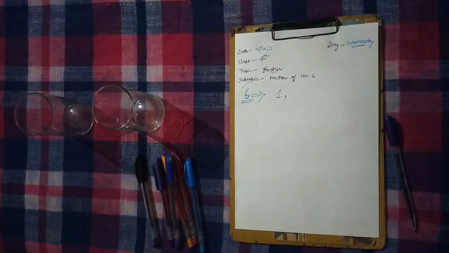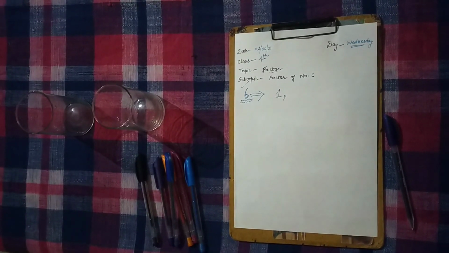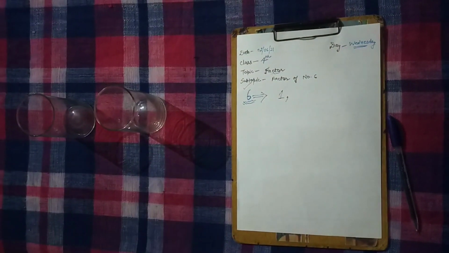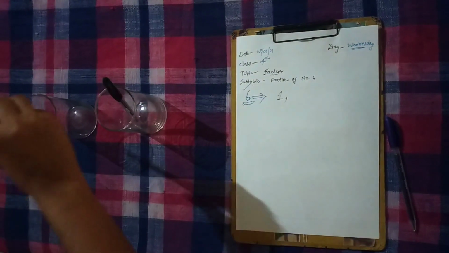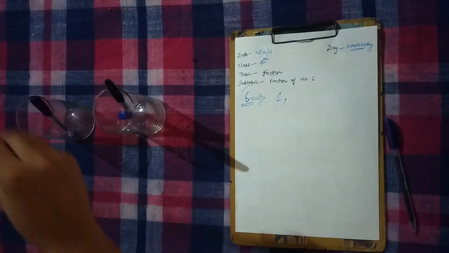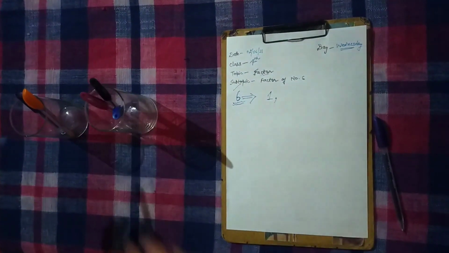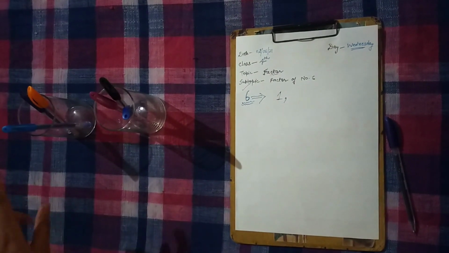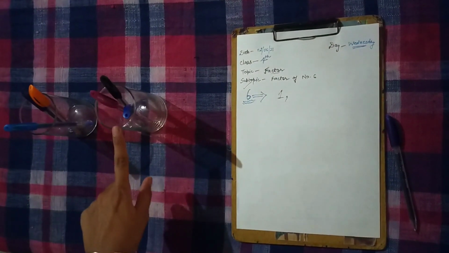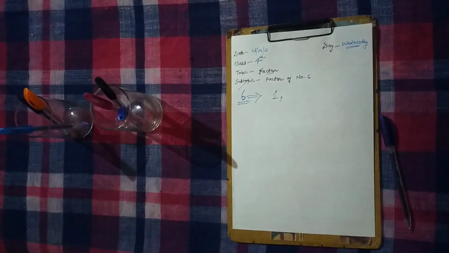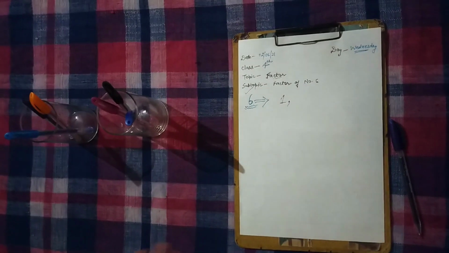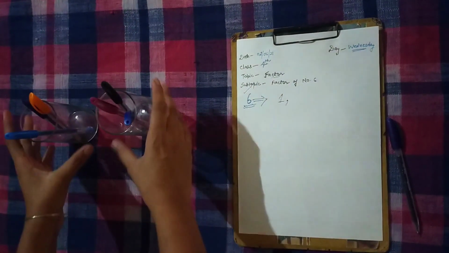You have to keep in mind that the quantity of pens should be the same. So we have put 3 pens in this glass and 3 pens in this glass. All 6 pens are equally divided into 2 glasses.